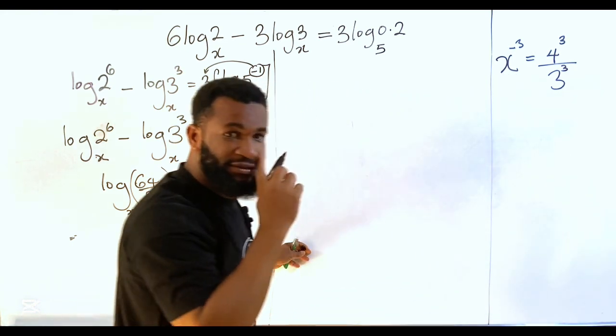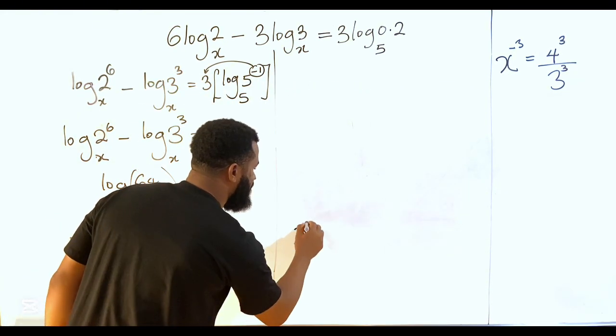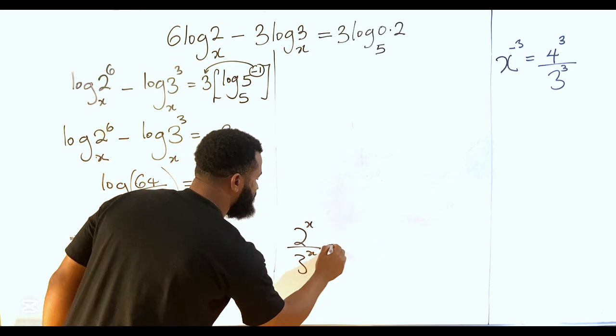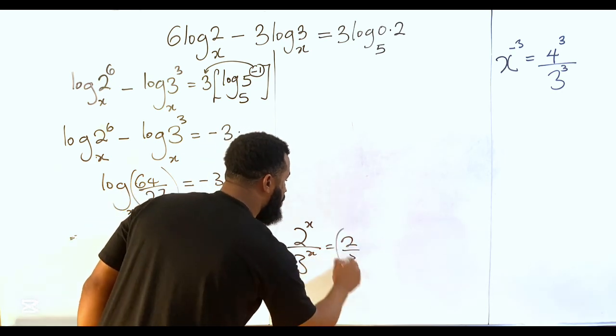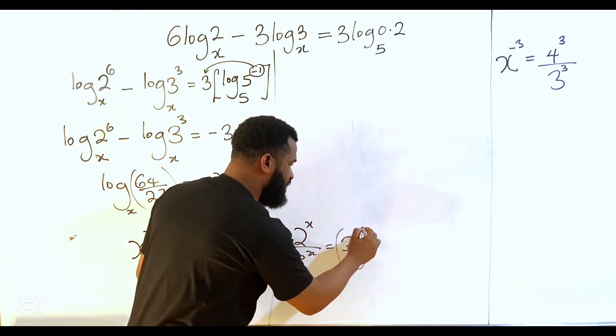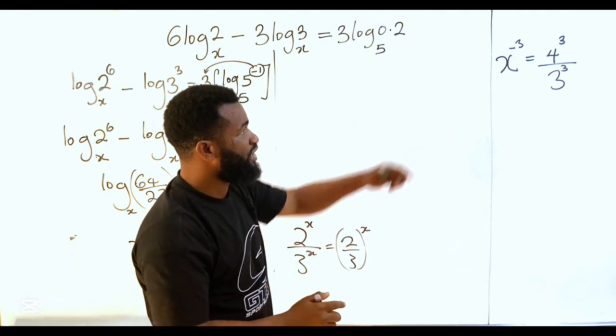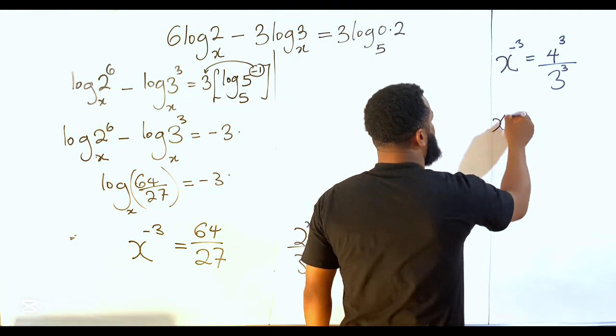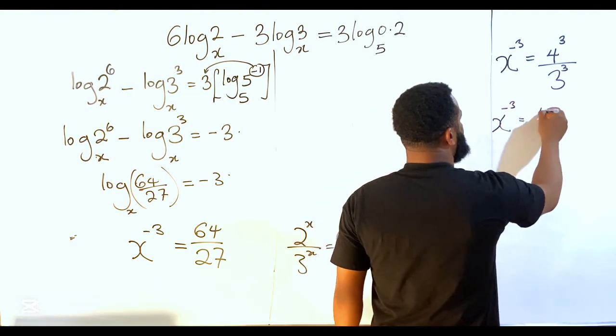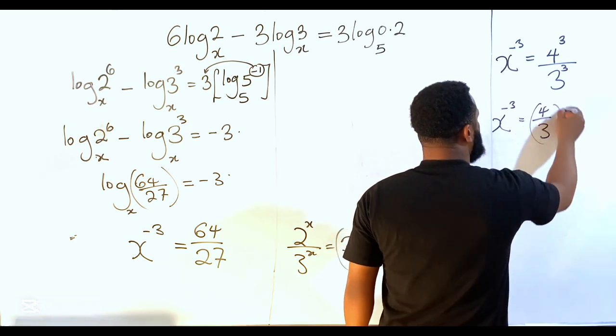Now look at this. If you have 2 raised to power x all over 3 raised to power x, it is going to be 2 over 3 all raised to power x. So I'm going to do that here. So this is going to be x raised to power minus 3 is equal to 4 over 3 all raised to power 3.